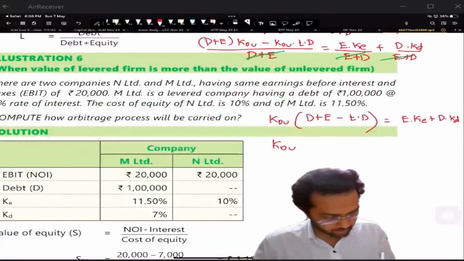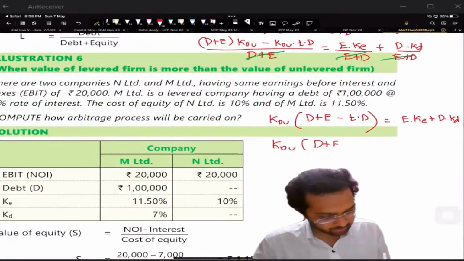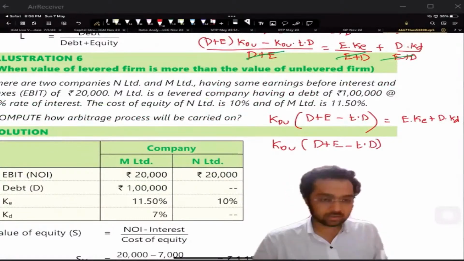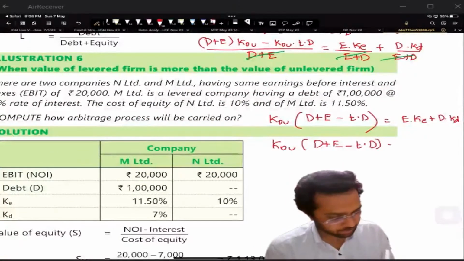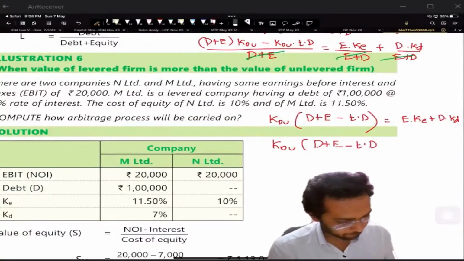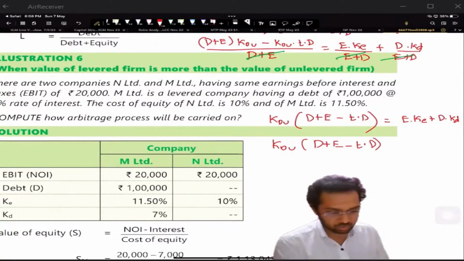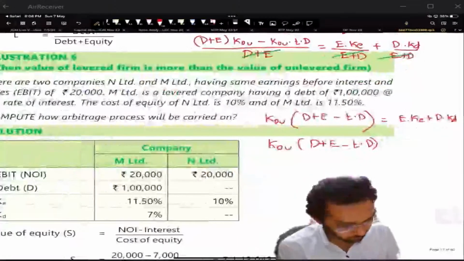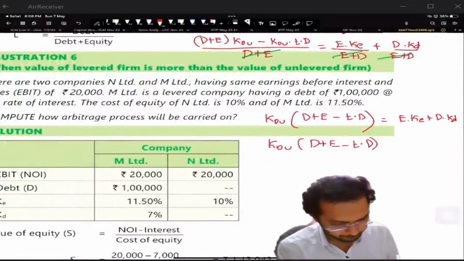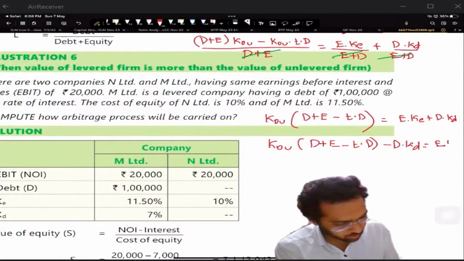So K of unlevered into debt plus equity minus tax into debt rate will be equal, or I can say tax rate into debt rate minus debt into KD will be equity into K.